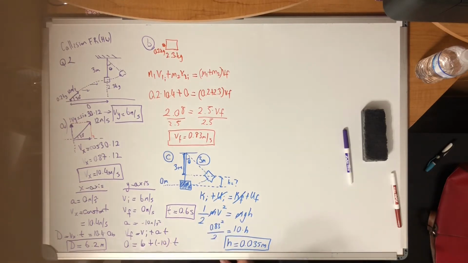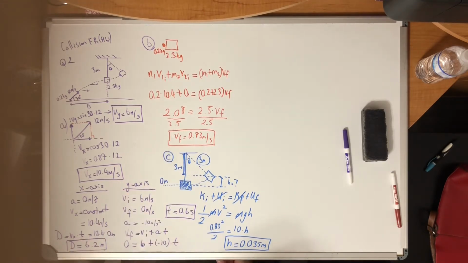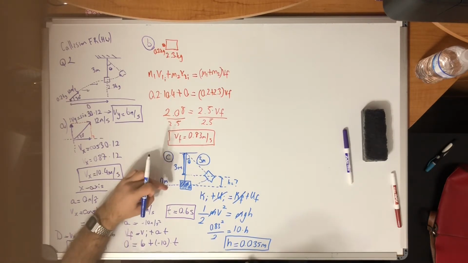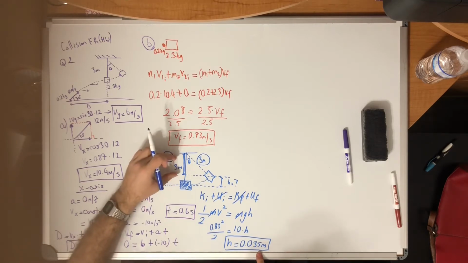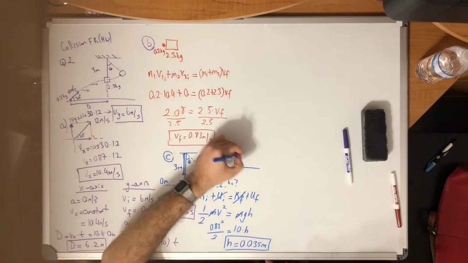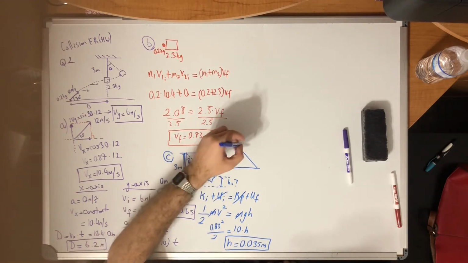So now, what do we have? We have this tiny distance as 0.035. Then the question was asking about the angle theta. If you think about it, you subtract this tiny distance from this 3 meters, and then you are going to have this triangle right here. It's going to be so tiny actually, but we just exaggerate it.